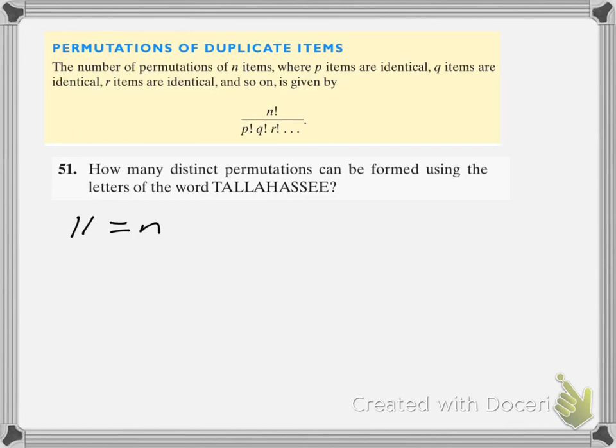Okay, well, looks like L is repeated. So L is repeated twice. Okay. Looks like S is repeated twice. Looks like E is repeated twice. And looks like A is repeated 3 times.